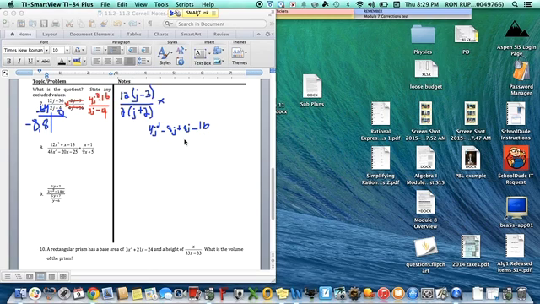And then we factor by grouping. So these two would have 4j, and that would leave j minus 2. These two would have 8, and that would leave j minus 2.